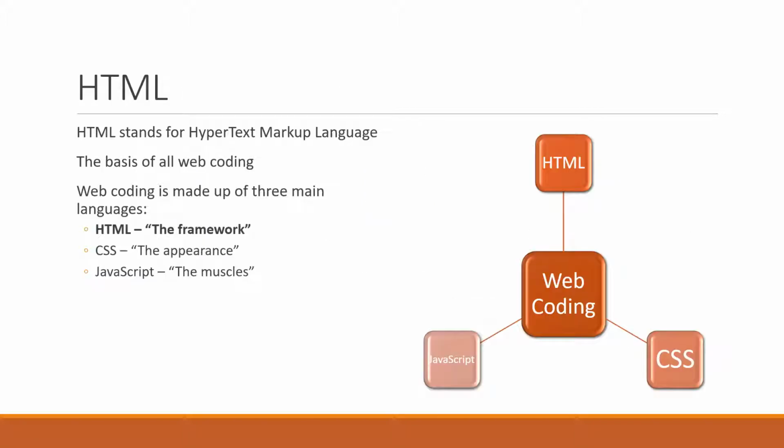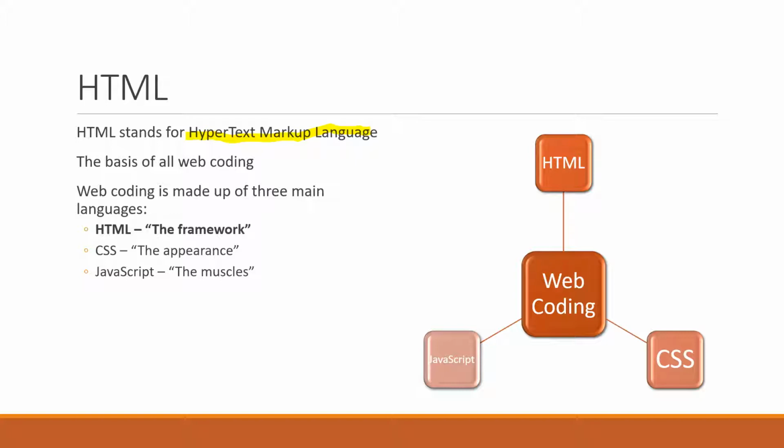HTML. Now, HTML stands for the Hypertext Markup Language. It's the Hypertext Markup Language, and it's the basis of all web coding. Now, HTML came first, but that doesn't mean that there aren't other languages and other things that are used on the web. There's actually quite a large assortment of languages that do different things on the web.